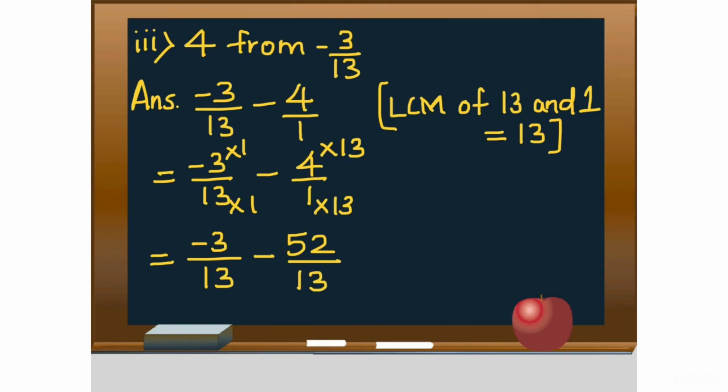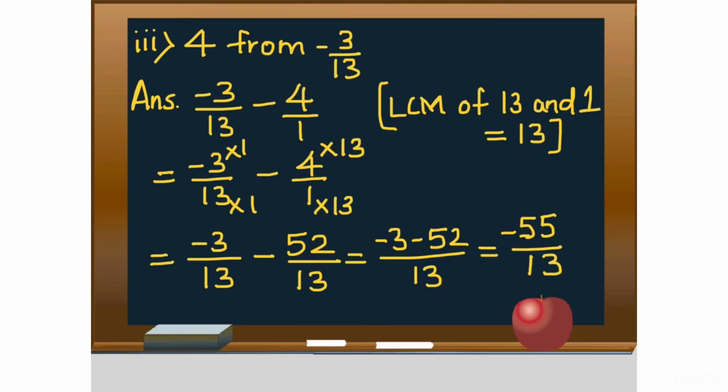Now you can see that we have got the same denominators. So we will take 13 as the common denominator and simplify the numerators. Minus 3 minus 52 is equal to minus 55 by 13 in the denominator. Therefore, minus 55 by 13 is the answer.